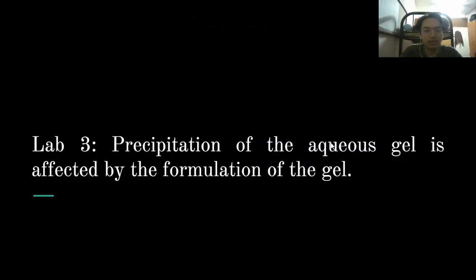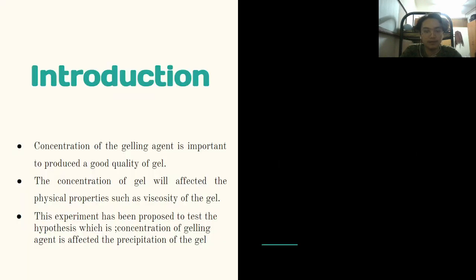Hi, I'm Hafizuddin and I'm going to present lab 3, which is precipitation of the aqueous gel is affected by the formulation of the gel. So the brief introduction is concentration of the gelling agent is important to produce a good quality gel. The concentration of gel will affect the physical properties such as viscosity of the gel.